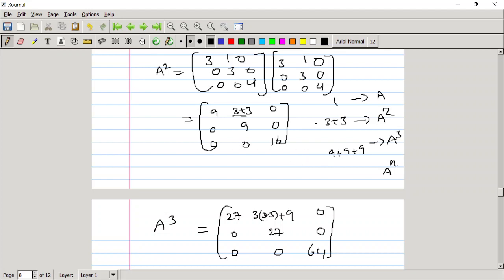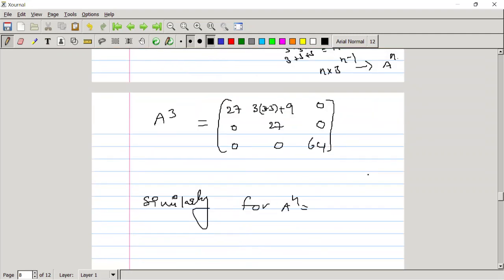So it is 3 to the power n minus 1 plus 3 to the power n minus 1, up to n times. For power 2 it is 3 power 2 minus 1 plus 3 power 2 minus 1. Here it is 3 power 3 minus 1 plus 3 power 3 minus 1 plus 3 power 3 minus 1. So for the matrix A power n we will get n times 3 power n minus 1.